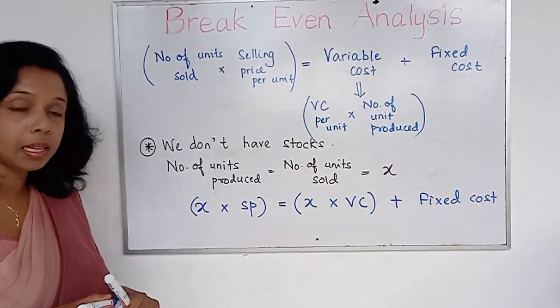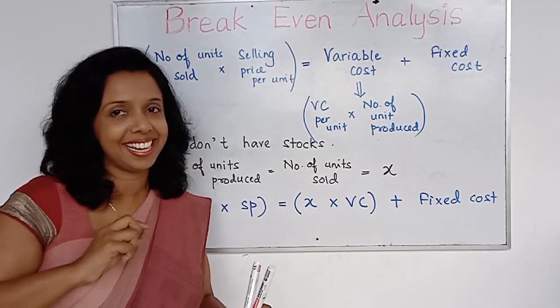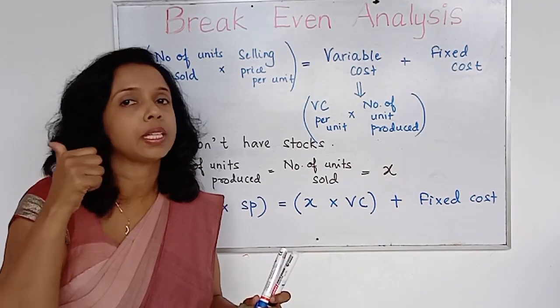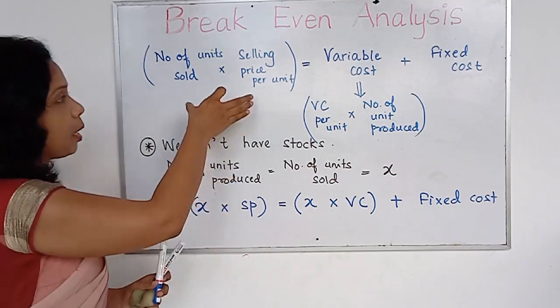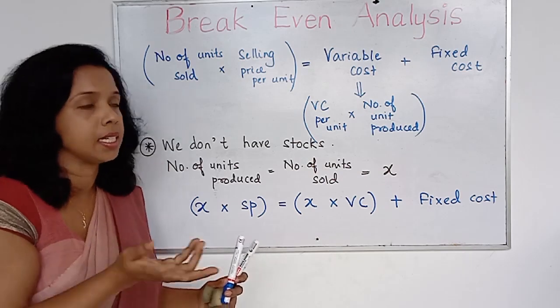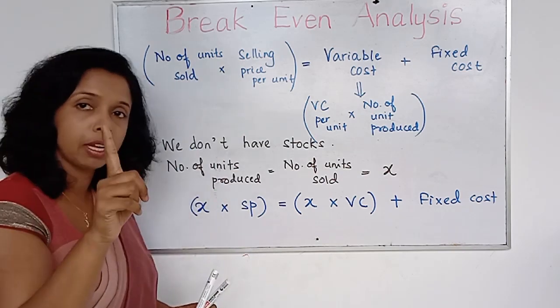At the break-even point, all my income is equal to expenses, right? And I assume I have only two types of expenses, that is variable cost and fixed cost. If I am engaging in manufacturing business, I calculate my income as number of units sold times selling price per unit.